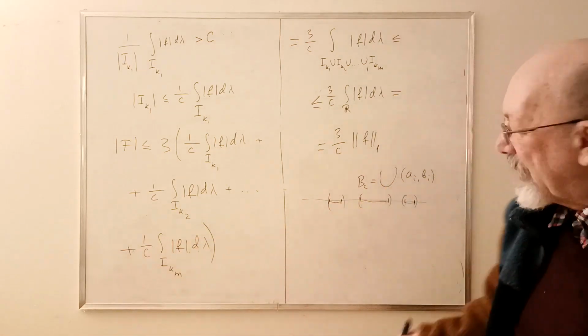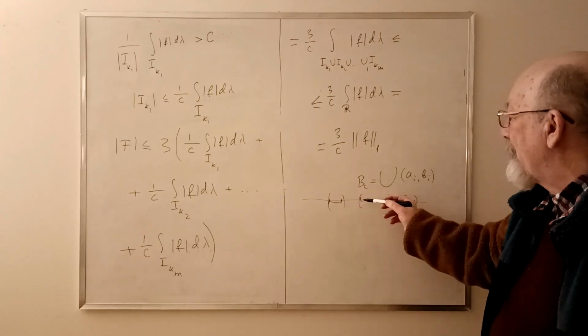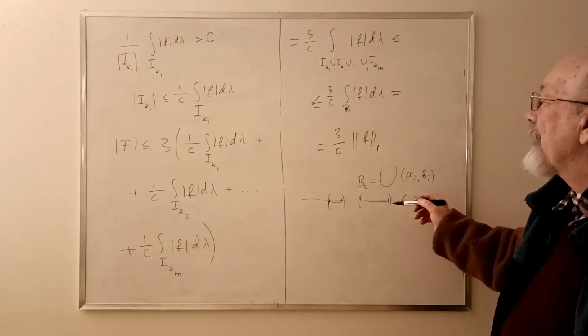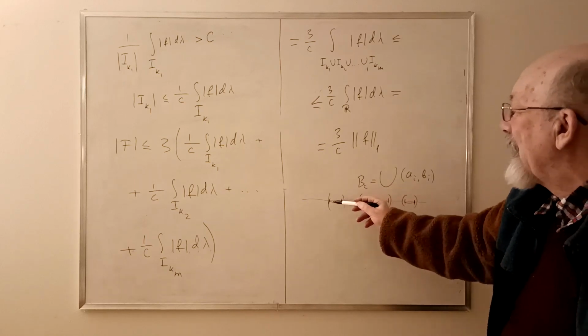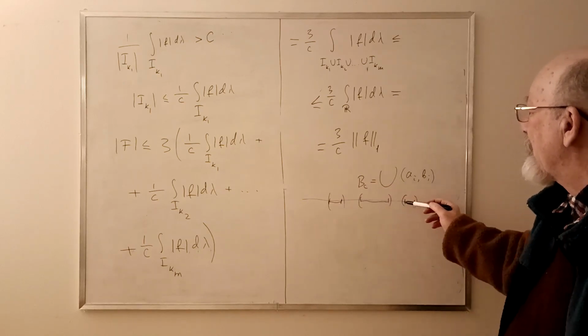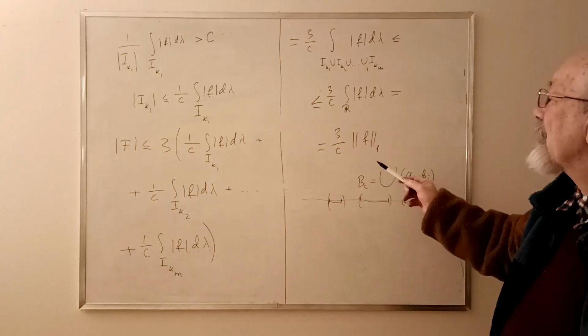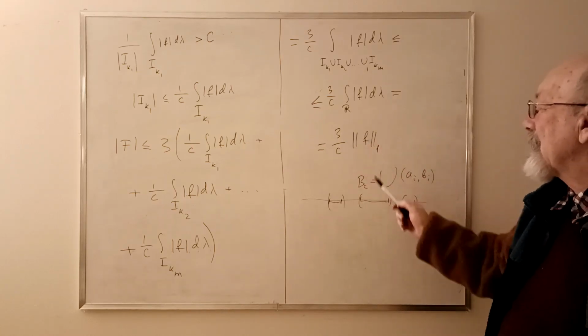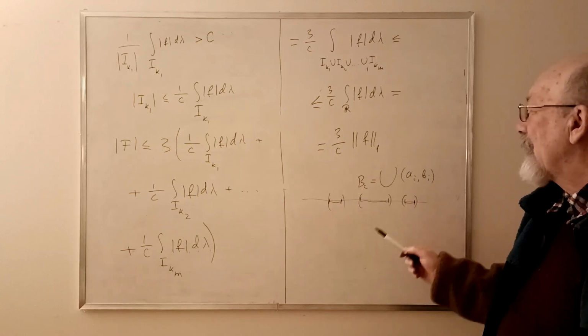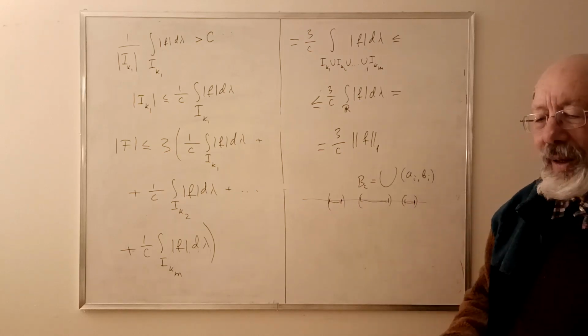Yes, and for the measure of this, we found the estimated measure of this union of these closed intervals is less or equal than this. It is constant and doesn't depend on the number of intervals.